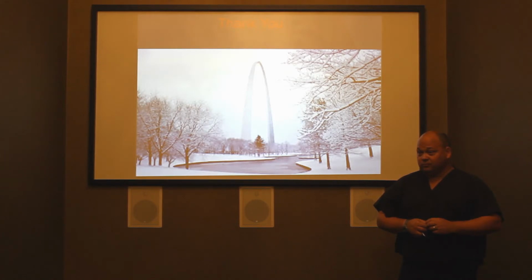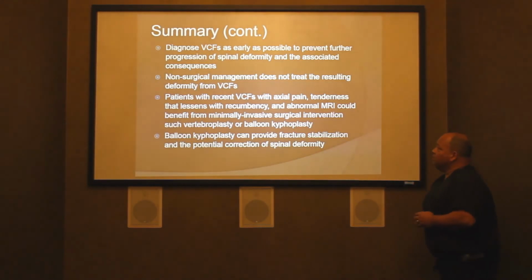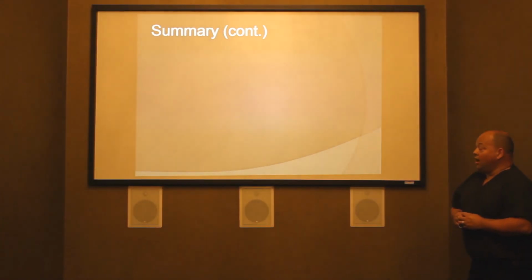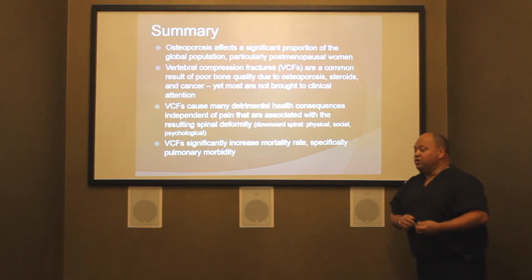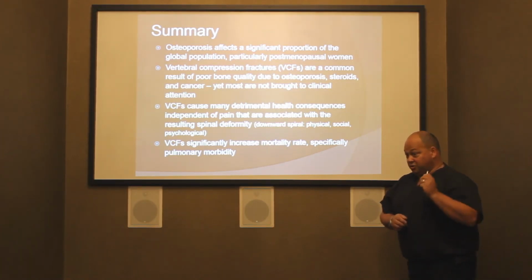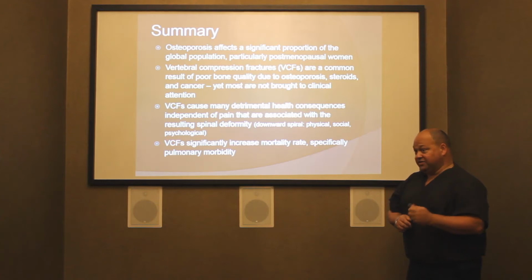There was a bullet point on your second to last slide, something about compromising the pulmonary something. Yes, here, increased mortality. But is there a direct correlation then between osteoporosis and someone who has COPD? No, I wouldn't say there's a direct correlation. What I would say is a direct correlation is compression fractures in the thoracic spine.